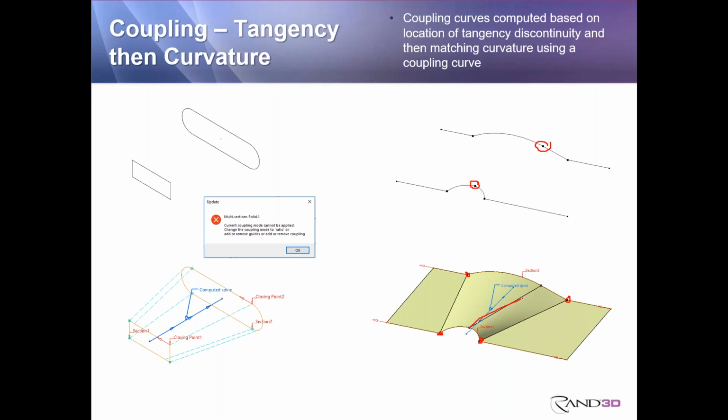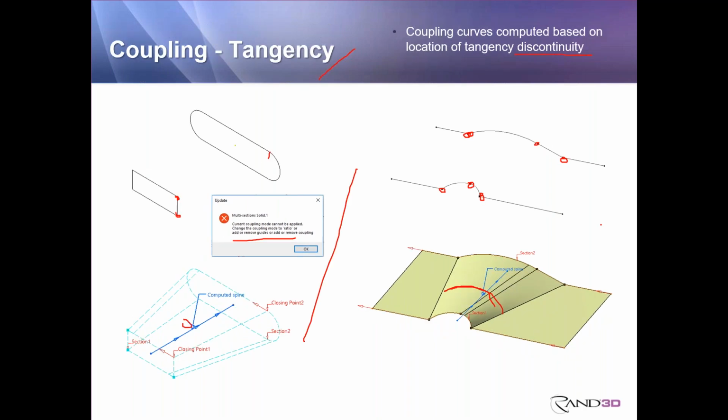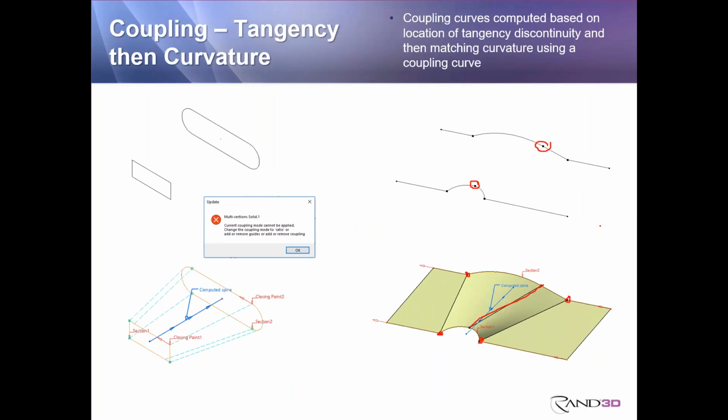And so those corners would connect to each other as you see. So I would get a different result between tangency and then tangency with curvature with that example. And again, the example over here on the left, it wouldn't work at all, because I just don't have the same number of non-tangent connections for the computer to join up.